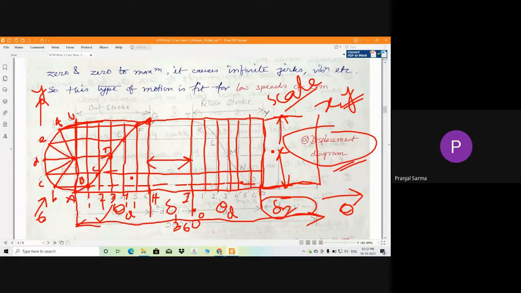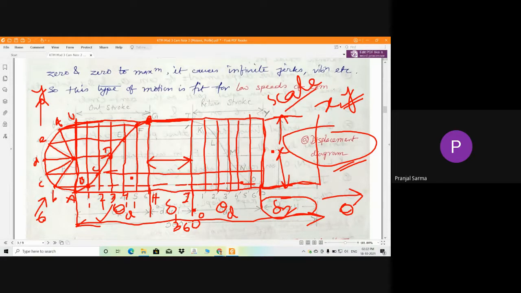The follower, at the end of the ascent stroke, has moved up to this position. Throughout the dwell there will not be any displacement of the follower. So we darken it up to this point. This is the portion of the follower during dwell.